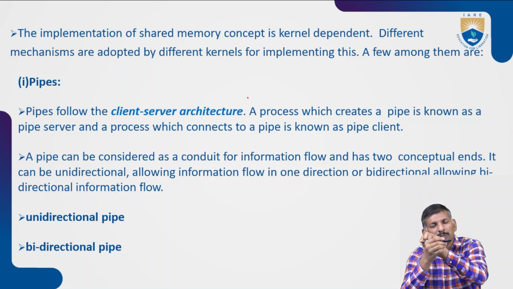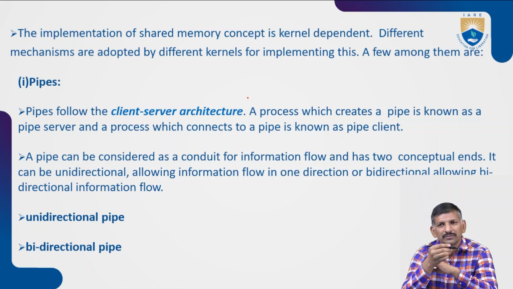Another process which wants to read the data reads it at the other end. So data flows from left to right, in one direction only. On the left side is the process which writes the data, and on the right-hand side is the process which reads the data.